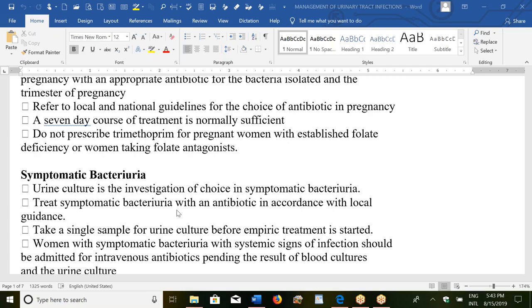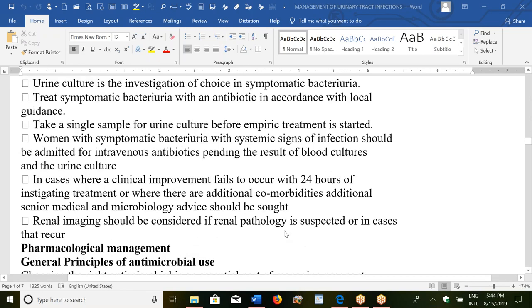Treat symptomatic bacteriuria with an antibiotic in accordance with local guidelines. Take a single sample of urine culture before empiric treatment is started. Women with symptomatic bacteriuria with systemic signs of infection should be admitted for IV antibiotics pending the results of blood culture and the urine culture.